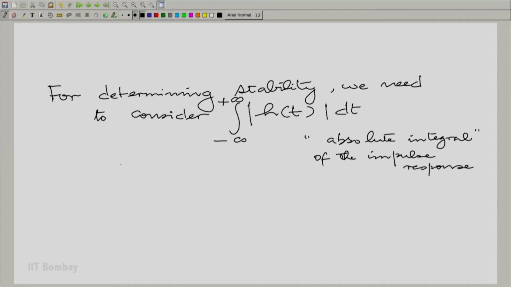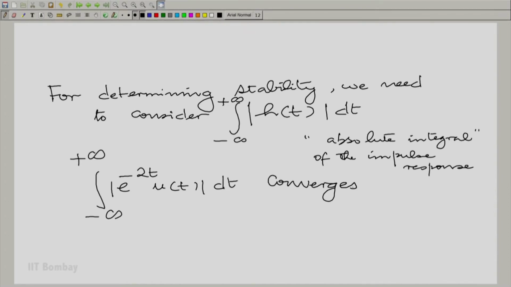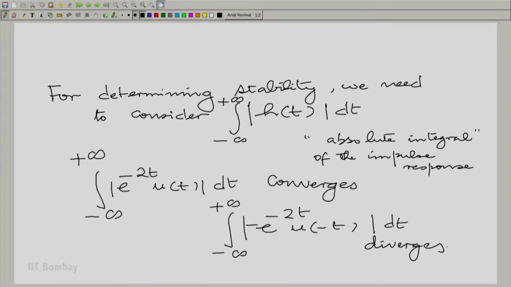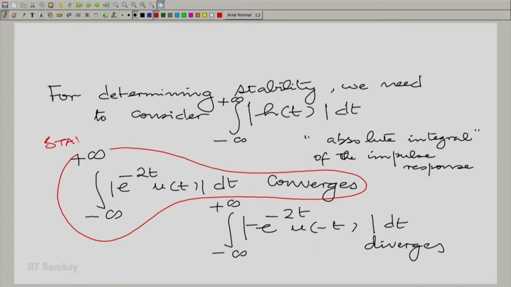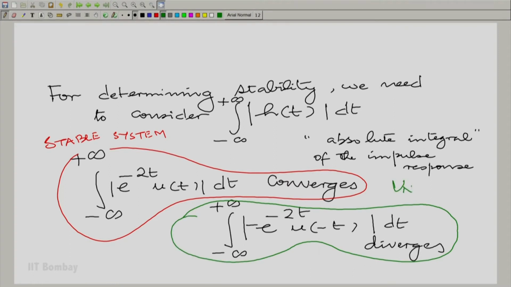And you can see that the absolute integral for the red response converges, and for the green one diverges, and therefore, this red one corresponds to a stable system and the green one corresponds to an unstable system.